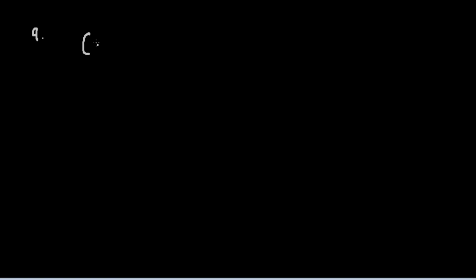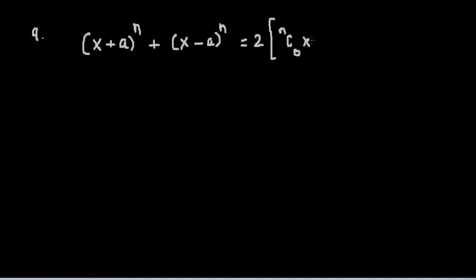Okay, so x plus a raised to the power n plus x minus a raised to the power of n. If we expand this, then we should get 2 times nC0 x raised to the power of n and a raised to the power of 0, then plus nC2, not nC1, nC2, so x raised to the power n minus 2 a squared, and so forth.